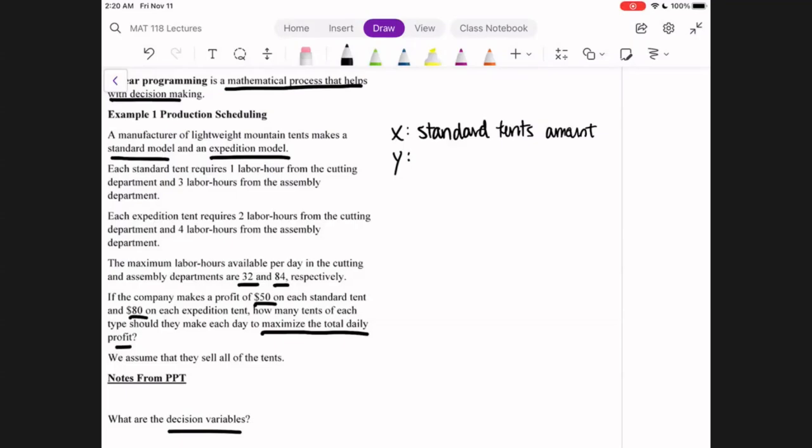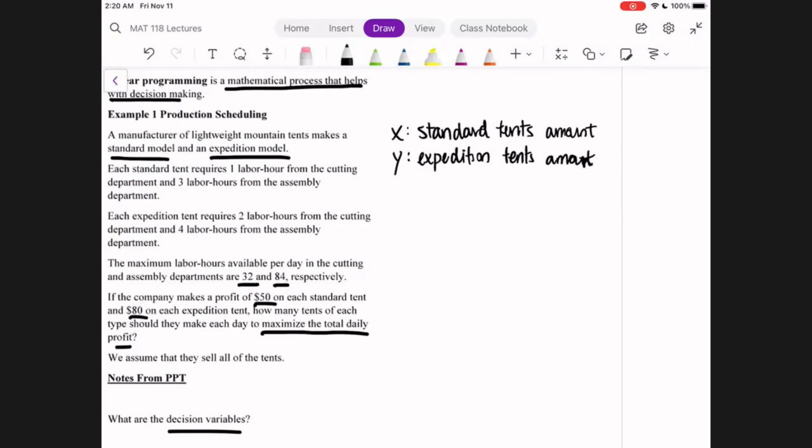And then Y is the expedition tents amount. So X is just the amount of standard tents and Y is the amount of expedition tents. So you could think, oh, I'm going to produce 100 standard tents.